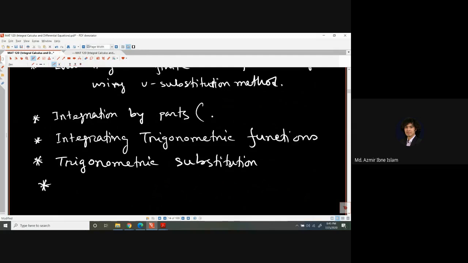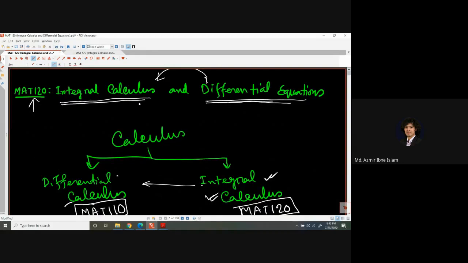Besides integration by parts, we have another technique that is called the tabular method. That method is not applicable for all functions, but we will discuss it because for some problems it will be helpful. It will be a speedy process. Already you know that this course, Math 120, is the combination of integral calculus and differential equations. So after successfully completing integral calculus, we have to move to differential equations.